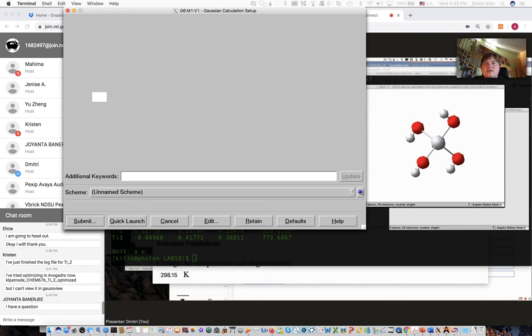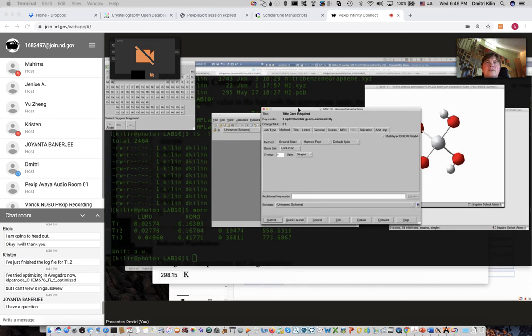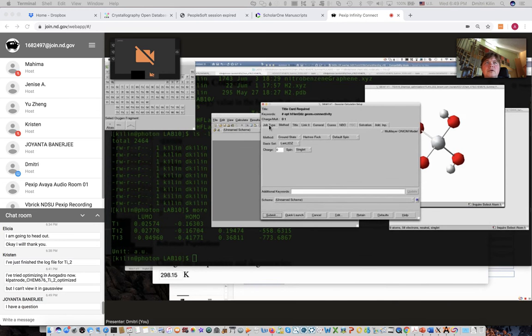Gaussian calculation setup. So job type, node optimization. The Hartree-Fock is... I think I have another file named with energy. So you open the optimization.